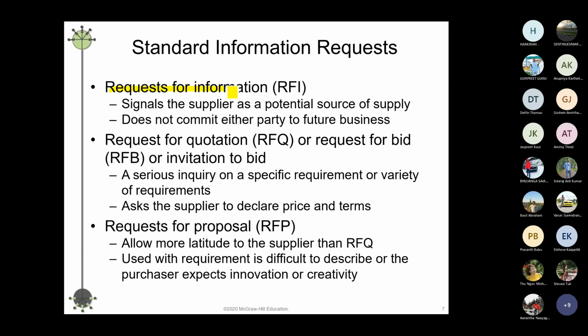The first one, request for information, brings you no responsibility. But if you go further, when you reach RFQ, RFP, and RFB, you are showing some signs that you are interested in the products. And you should also know the difference between RFP and the previous 2, which are RFB and RFQ.